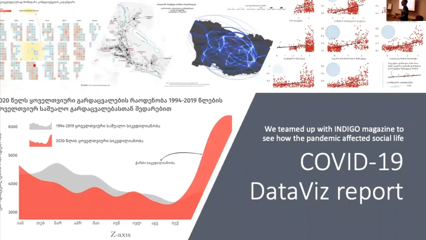So we tried to gather as much open data as possible, and then look into different areas of social life, and see how, for example, patterns of behavior changed during the pandemic. And then we wrote a report, which is still going to be published in these days.